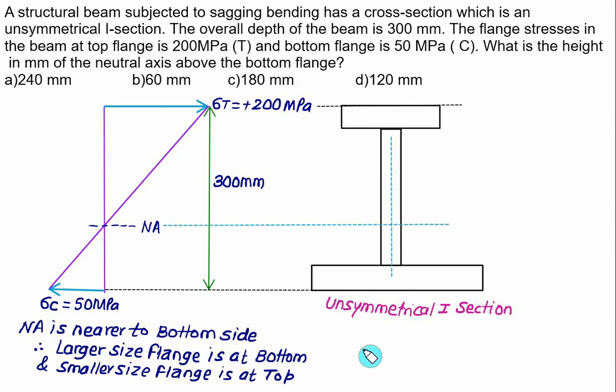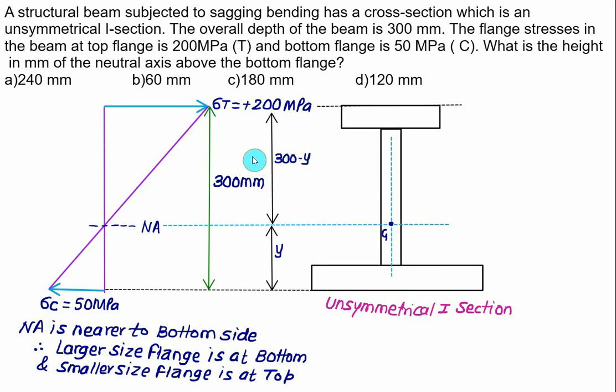Because of the larger size of the flange, the centroid will shift to the bottom side. Let's say this point is the centroid and corresponds to the neutral axis. We are interested in the distance of the neutral axis from the bottom flange. So let's say the bottom flange is at distance equal to y, then the remaining distance to the top flange will be 300 minus y.